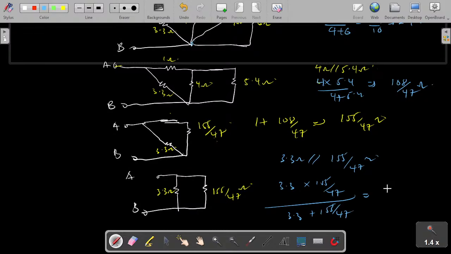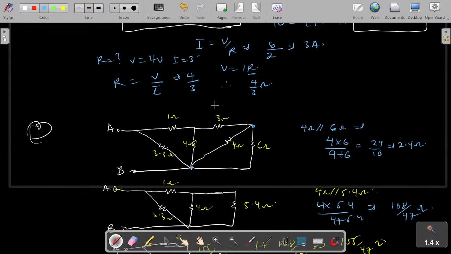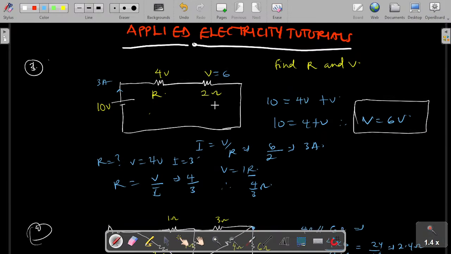So I have 1.6495 ohms. Depending on the number of decimal places you have to leave it, then you leave it like that. So this is approximately 1.65 ohms. That is for question number 4, right? Yeah, so let's go to question number 5.